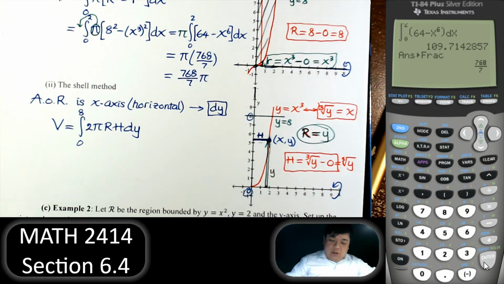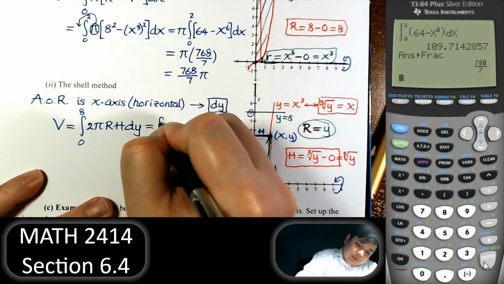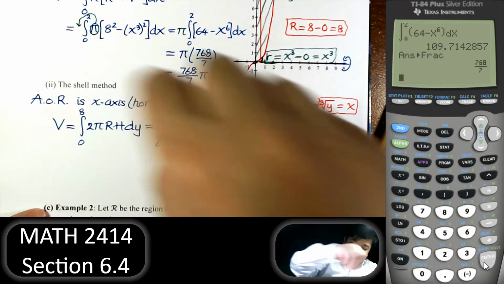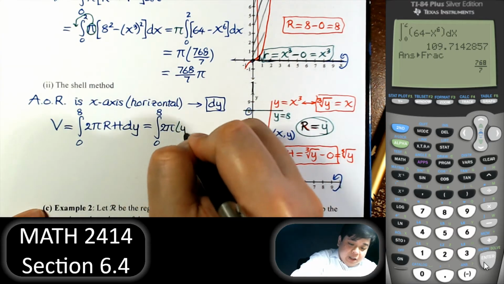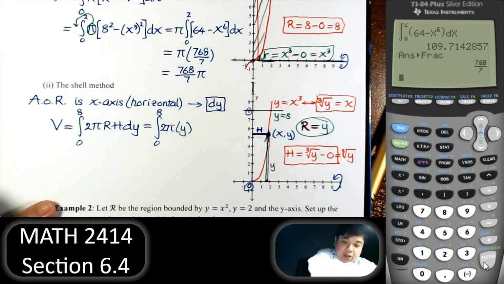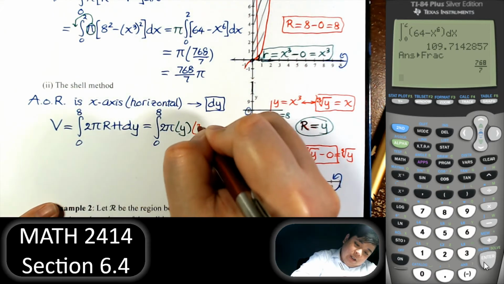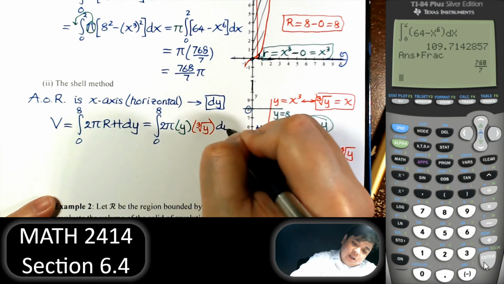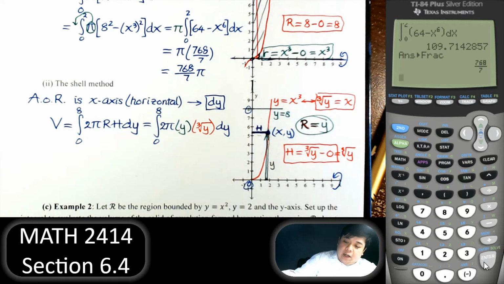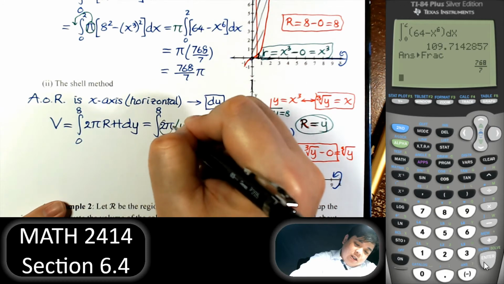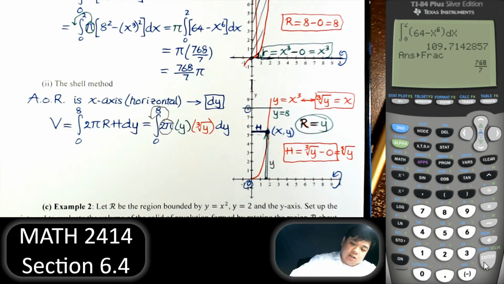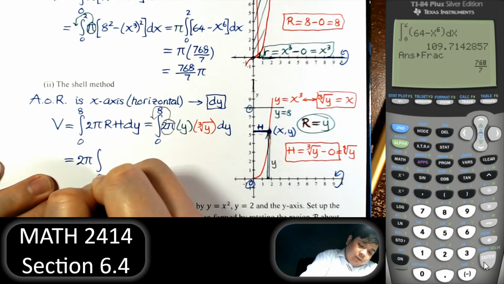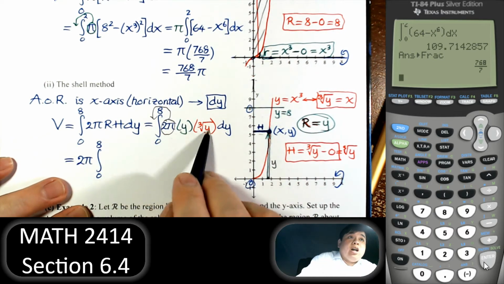Put in the integral. r is y and h is cube root of y, and this is dy. 2 pi is a constant, so take it outside. And we have y times cube root of y.